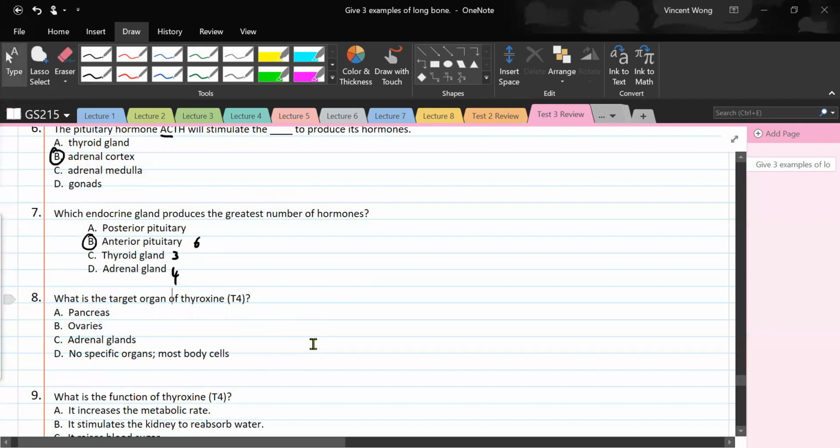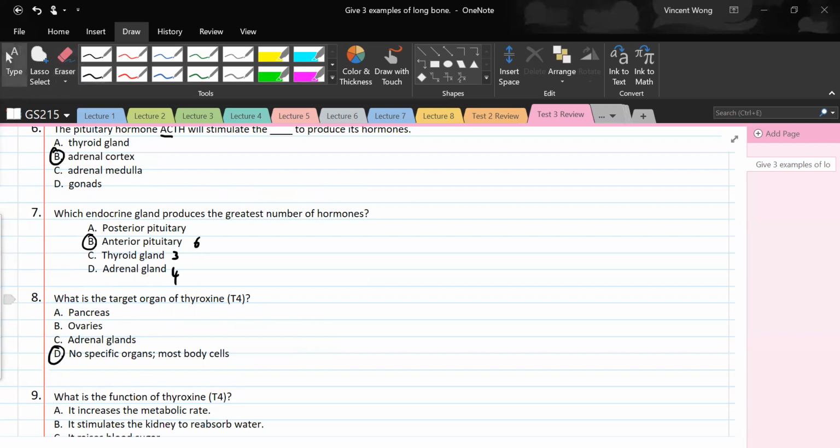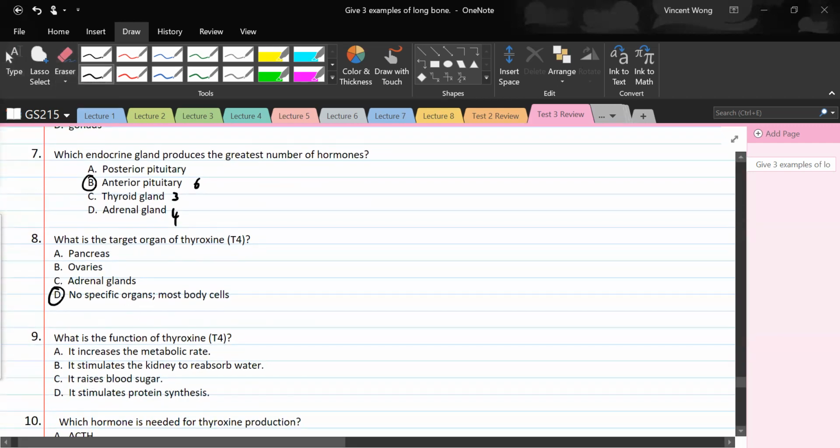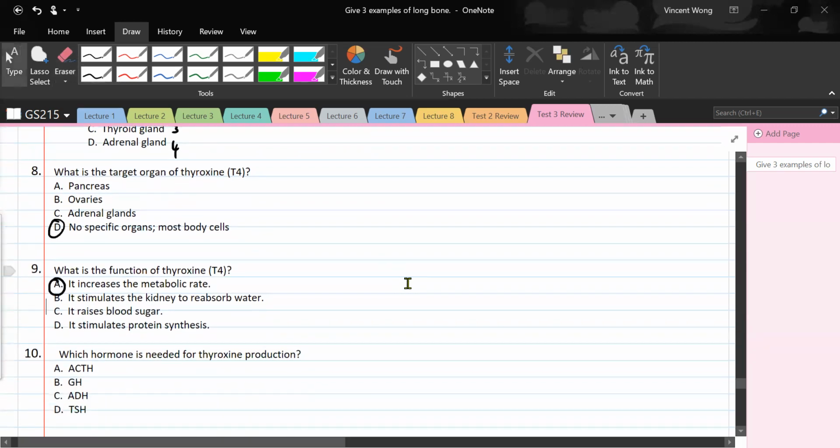What is the target organ of thyroxine, which is T4, right? So it targets most bodily cells, increases the metabolism of all of them, right? No specific target. The function of T4, I just told you that, increases metabolic rate. Stimulates kidney to reabsorb water, that would be ADH, since we're doing it, might as well.